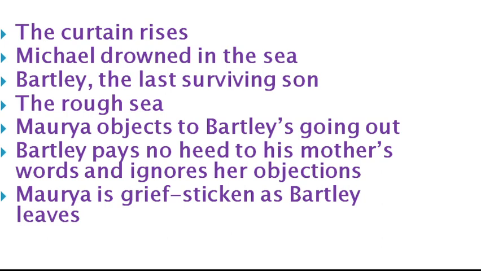But when Maurya comes back, she looks more distressed than ever. She tells her daughters that she saw Michael on the grey pony. She was so shocked that she could not bless Bartley.